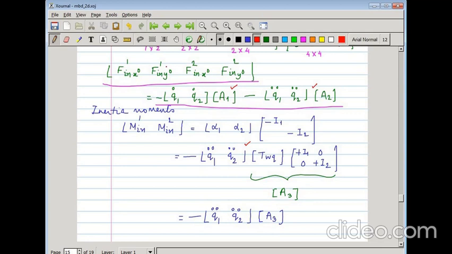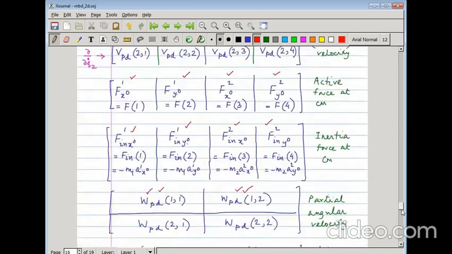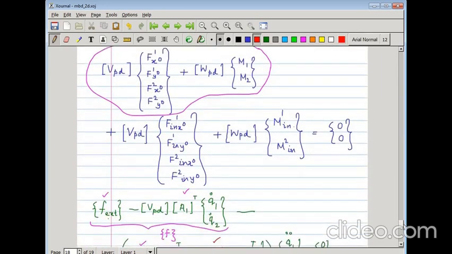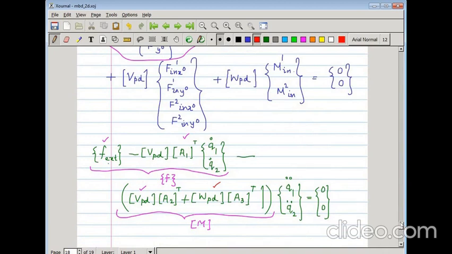So when you take transpose of the left hand side, this gets transposed and this becomes a column matrix. So this comes forward, gets transposed, and this goes this side and becomes a column vector. Same for this. If you just substitute, you can do the substitution on your own, and you will find that this is the first part of the linear inertia force, this is the second part of the linear inertia force, and this is the inertia moment.